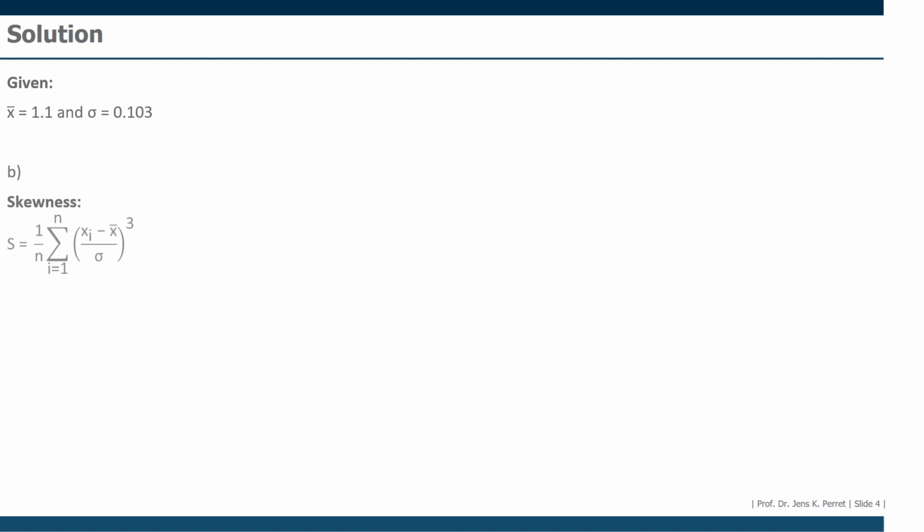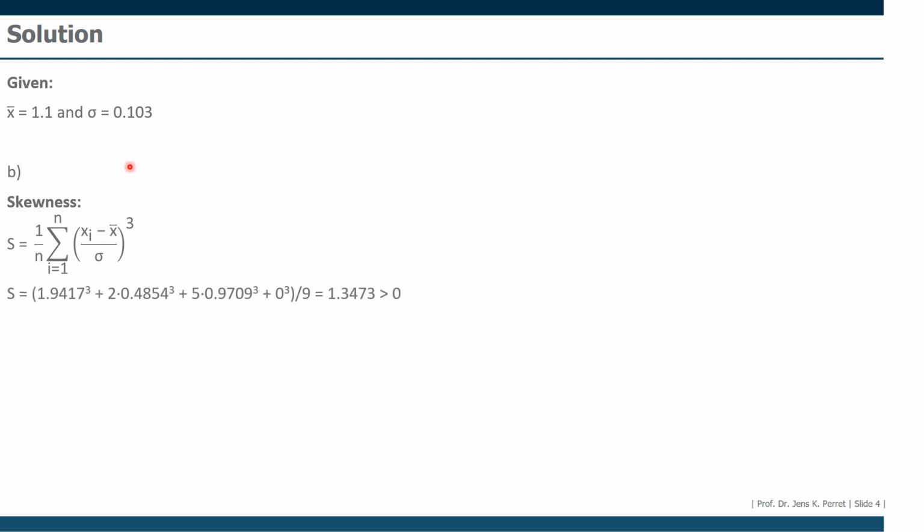For the skewness, my formula is simply the value I have in my data set minus the average, which I'm given up here, divided by the standard deviation, which I have here. I calculate this for all 9 observations, always taking this term to the power of 3, summing all of this up, dividing this by the number of observations.